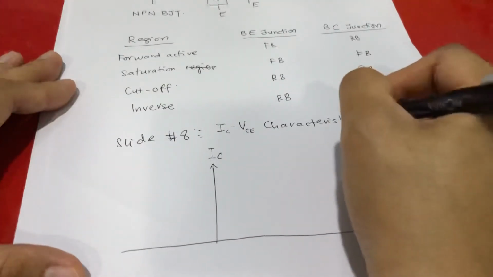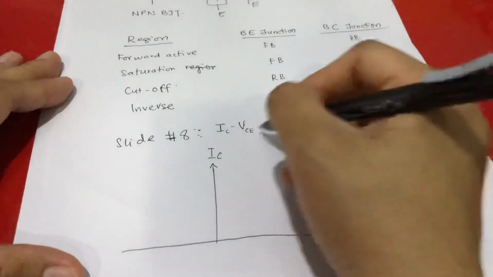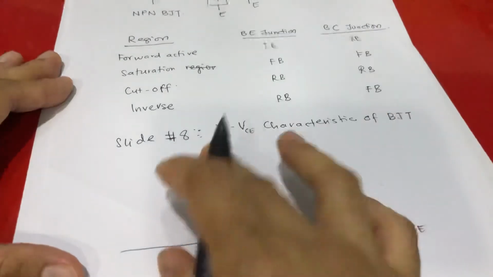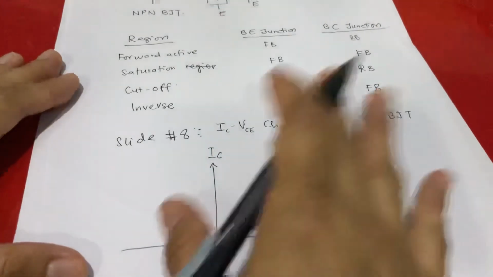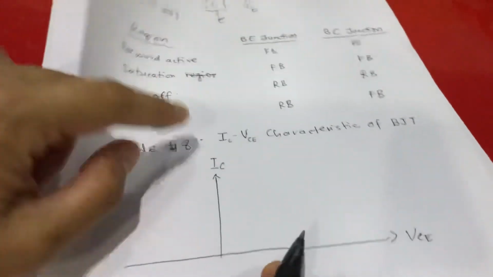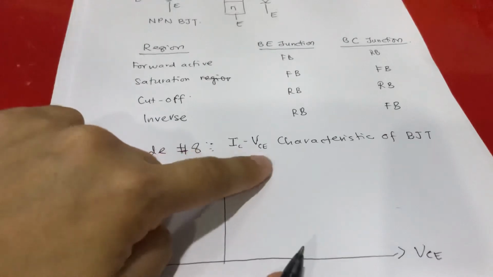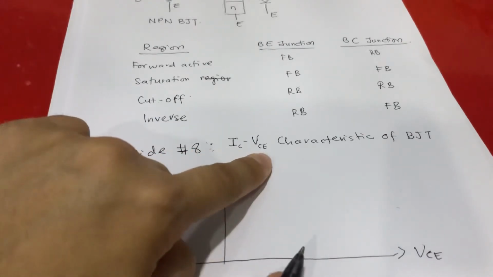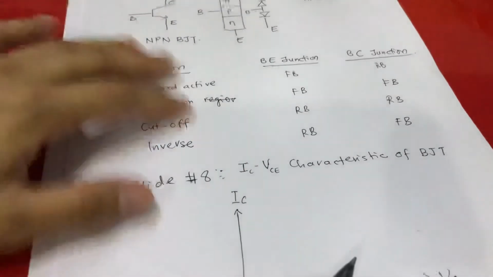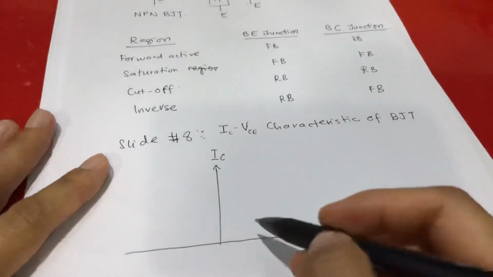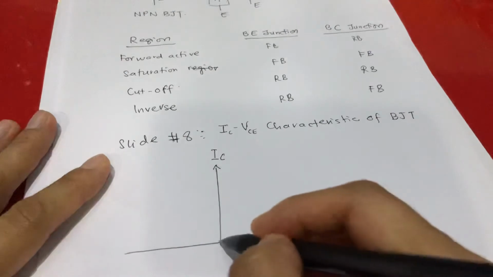If you look at the textbook, what does characteristic of BJT mean? Basically, when we change the current and the collector-emitter voltage VCE, how the transistor will behave. The graph will look like this.